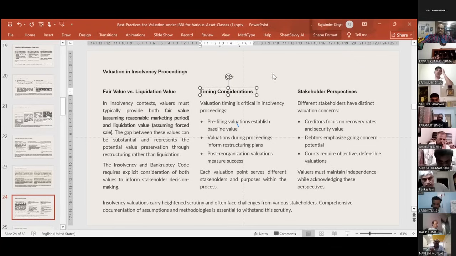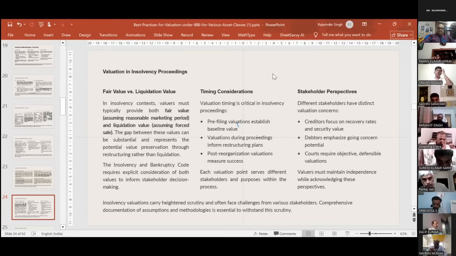And then you have to take into consideration the stakeholders' perspective. Different stakeholders have distinct valuation concerns. Creditors focus on recovery rates and security value. Debtors emphasize going concern potential. And courts require objective, defensible valuations.